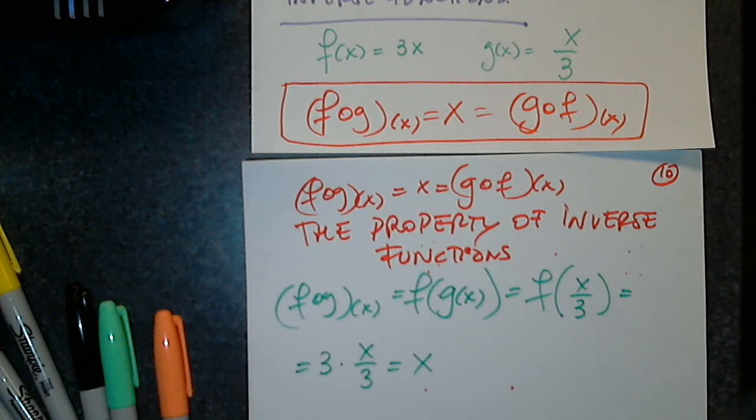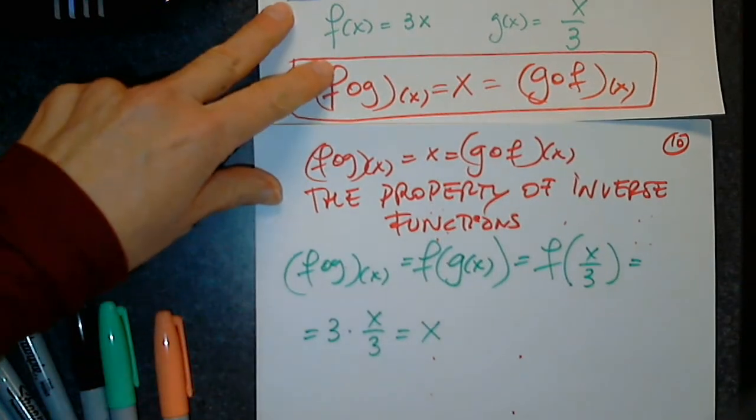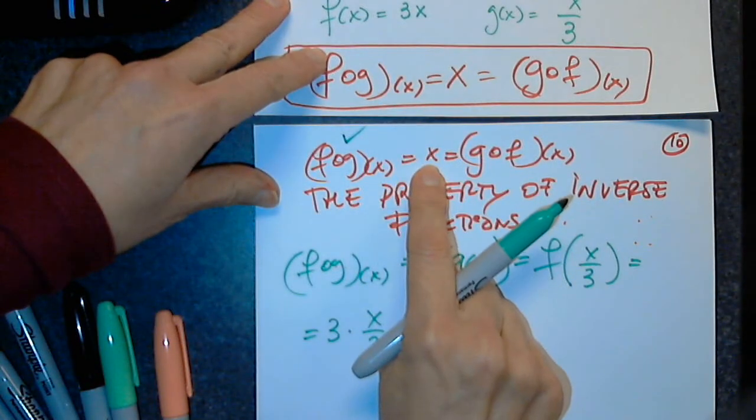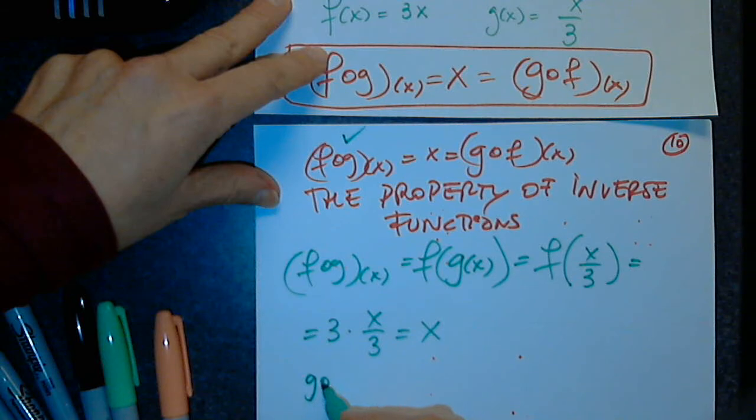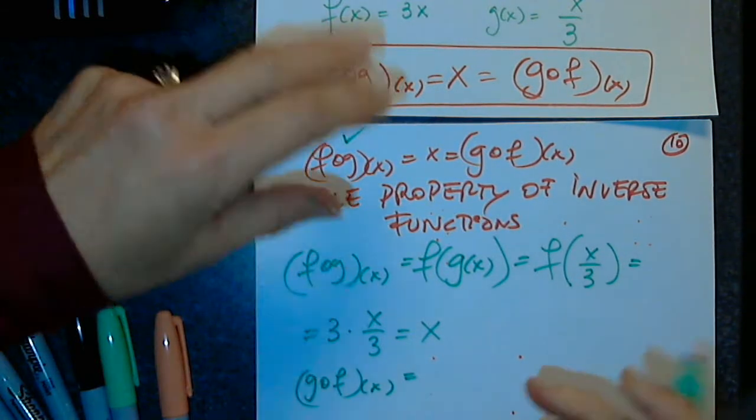So if one side is x, the other one will be x, but I have to show it. I can already conclude what? That 3x and x over 3 are inverses of each other. So let's find g composed with f. So this is clearly x, but I have to check this one. G composed with f of x.